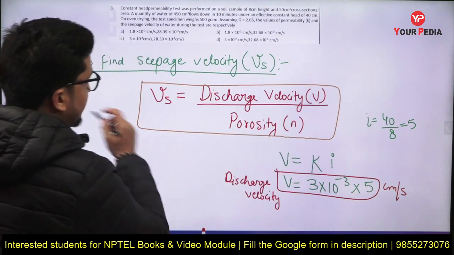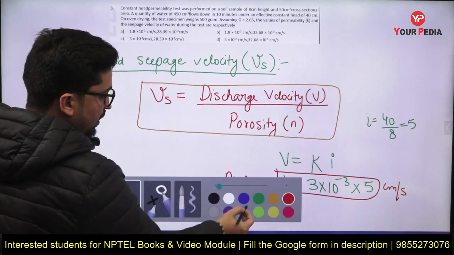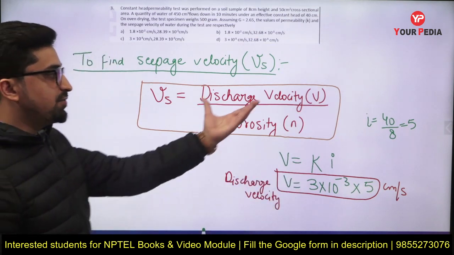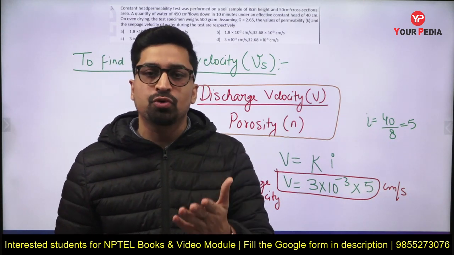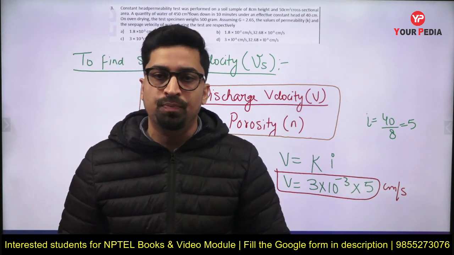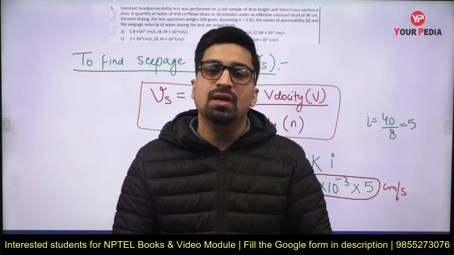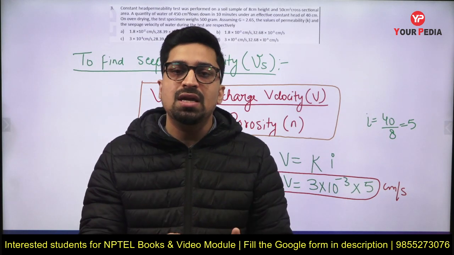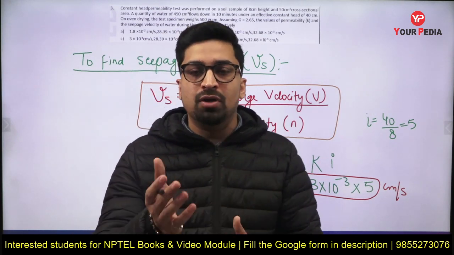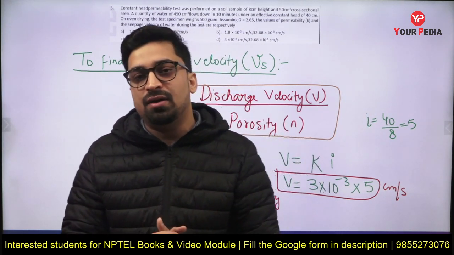Now we have the discharge velocity. Now we need to calculate the porosity, and we know that porosity can be calculated from the void ratio. The void ratio can be calculated by using a relation between gamma d and void ratio. Why are we using the gamma d relation?